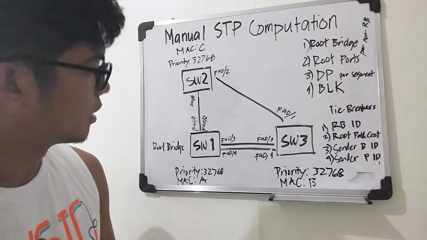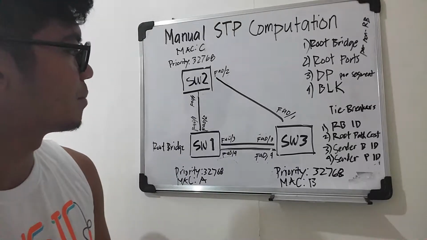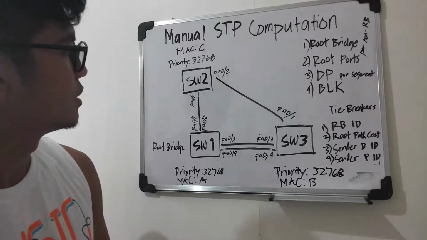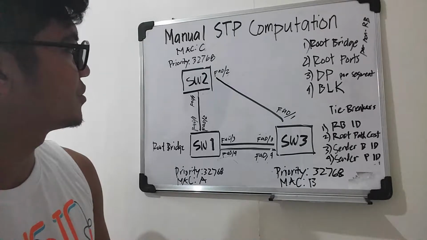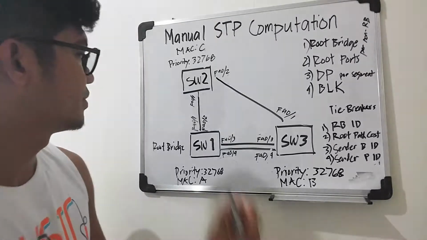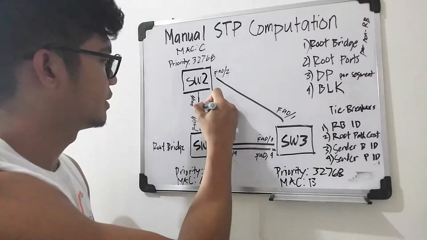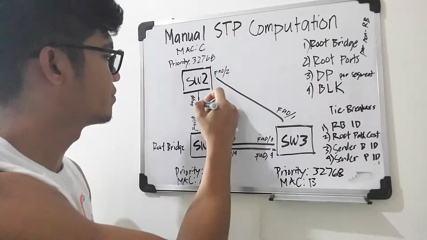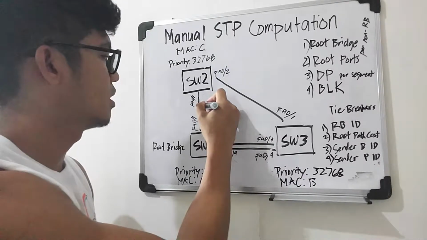And by the way, you also have to identify the path cost. So we've got Fast Ethernet ports, so these all have a cost of 19.